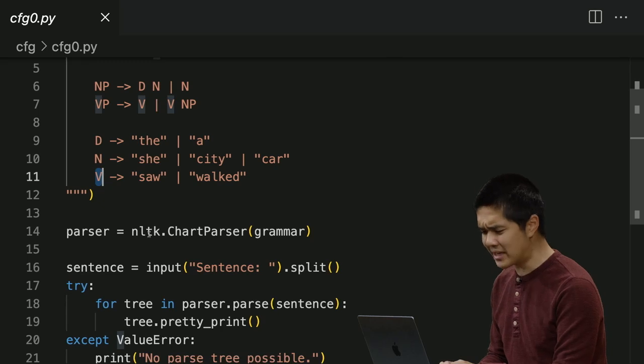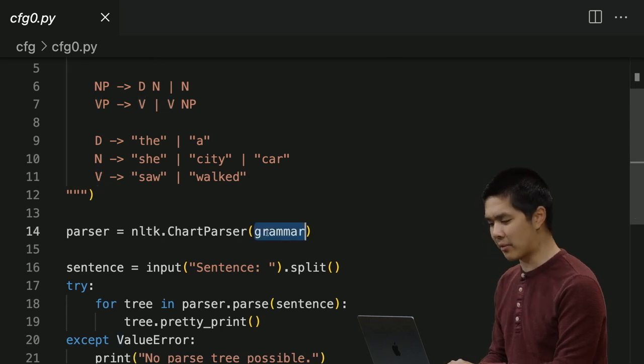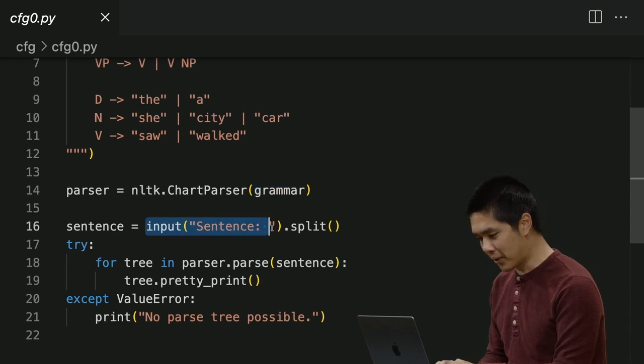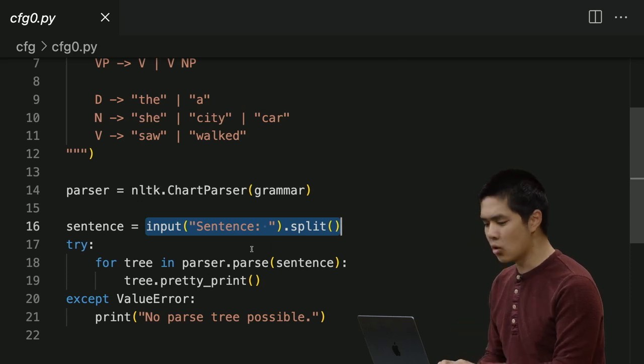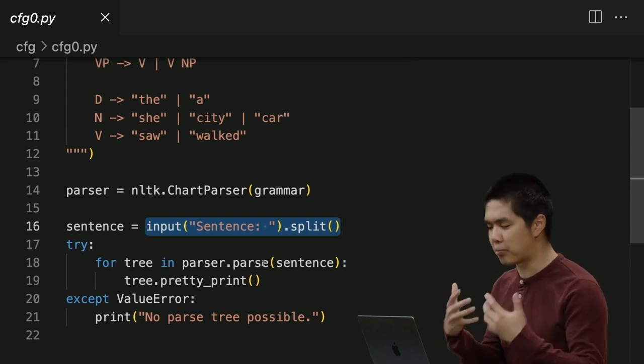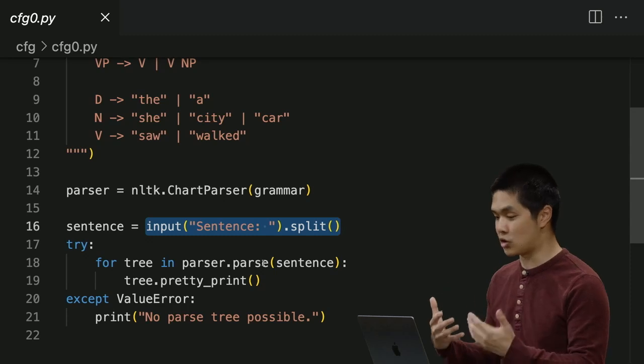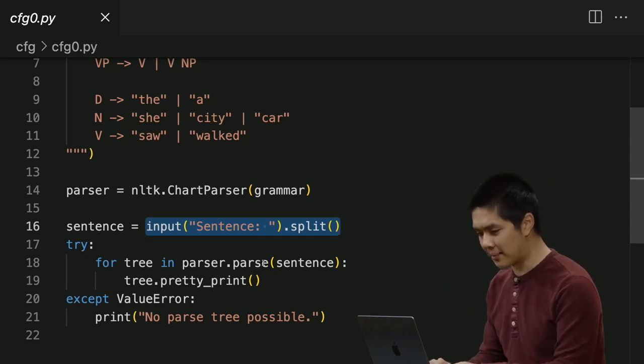We're going to use NLTK to parse that grammar. Then we'll ask the user for some input in the form of a sentence and split it into words. And then we'll use this context-free grammar parser to try to parse that sentence and print out the resulting syntax tree.